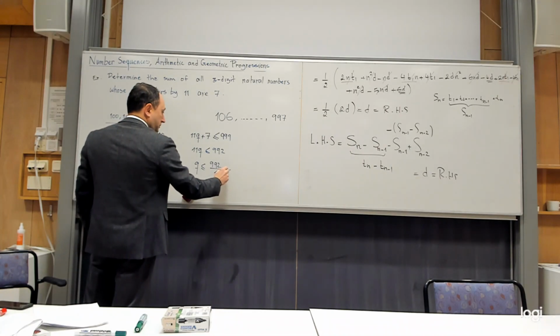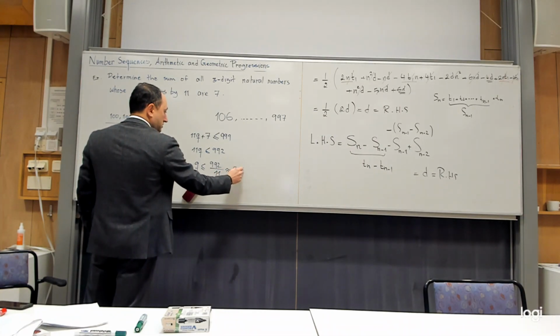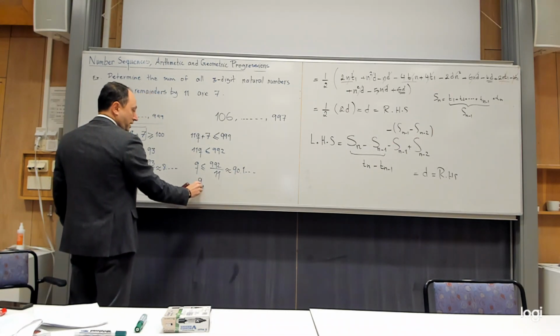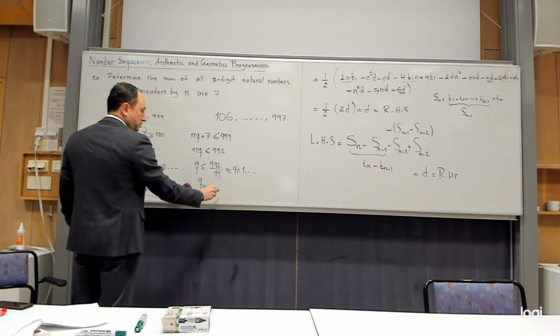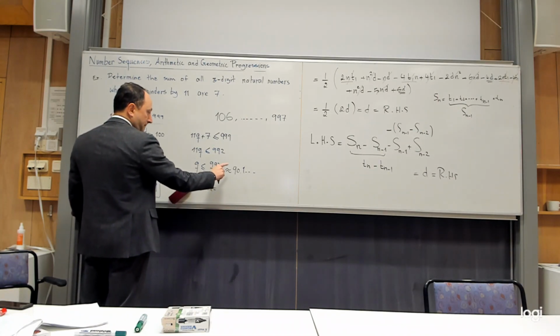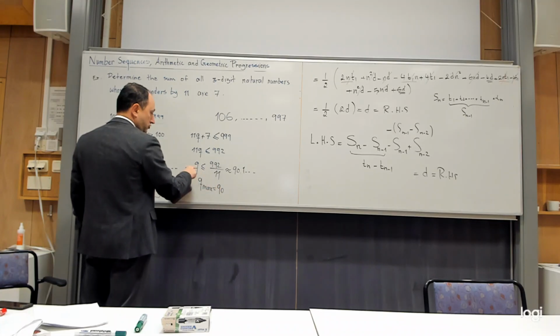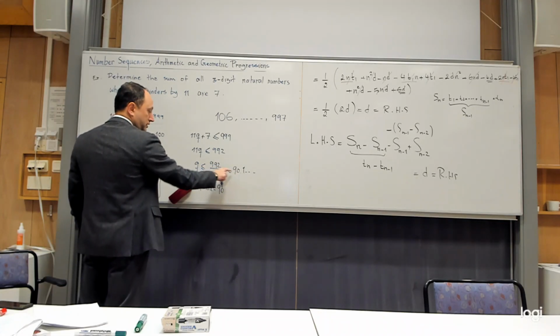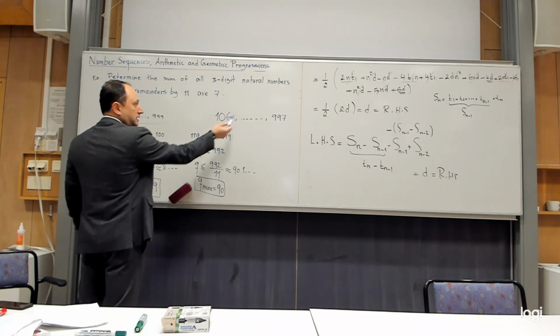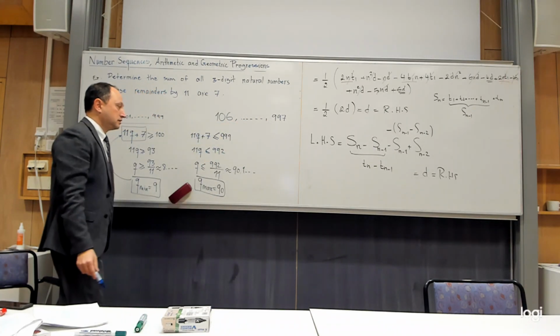This becomes approximately 90.1, etc. But this time you are interested in Q max. The maximum value for Q is 90, because it should be an integer and smaller than that number. So if you put it back here, you get exactly 997.